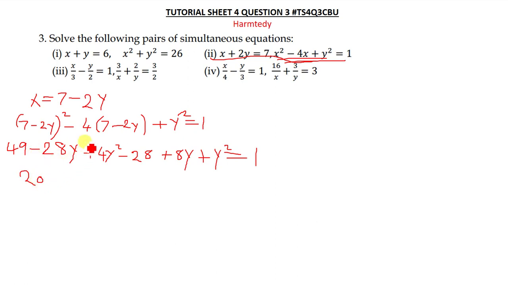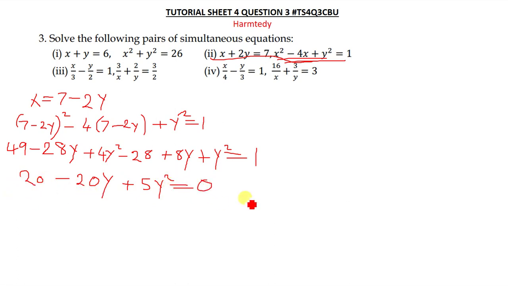Then negative 28y plus 8y, you get negative 20y. And then we move on to the last part, 4y squared plus y squared, you get 5y squared, which is equal to 0.